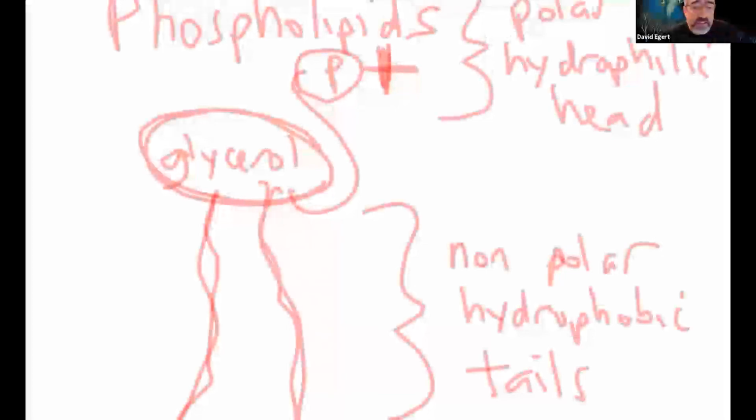So this has a part that is polar and likes to live in a polar world, and another part that is nonpolar and likes to interact in a nonpolar world. The official word for molecules like this is amphipathic.